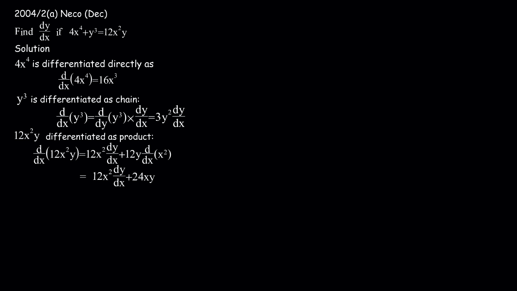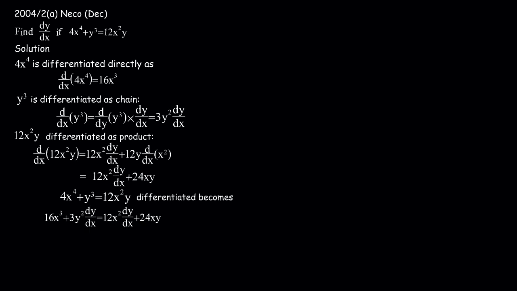Compiling everything together, 4s to the power of 4 plus y cube equals 12s squared y differentiates to become 16s cubed plus 3y squared dy over ds equals 12s squared dy over ds plus 24sy.